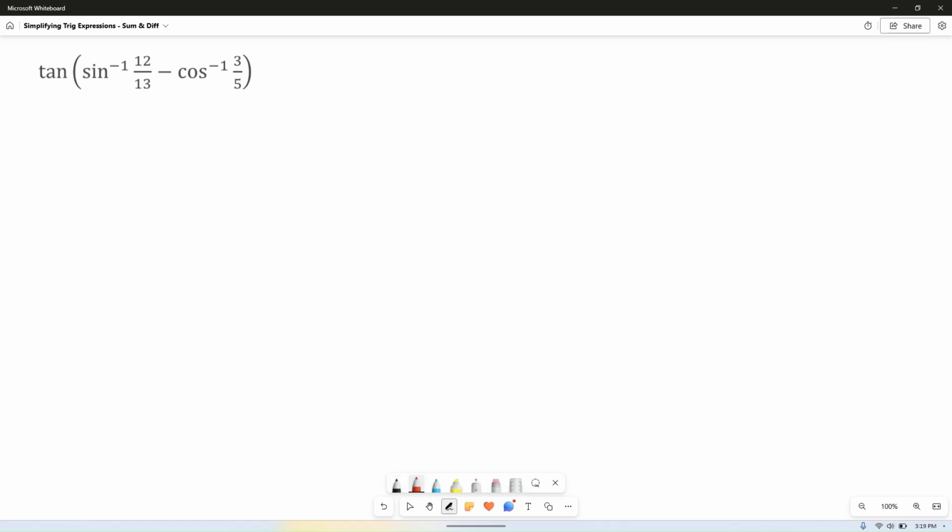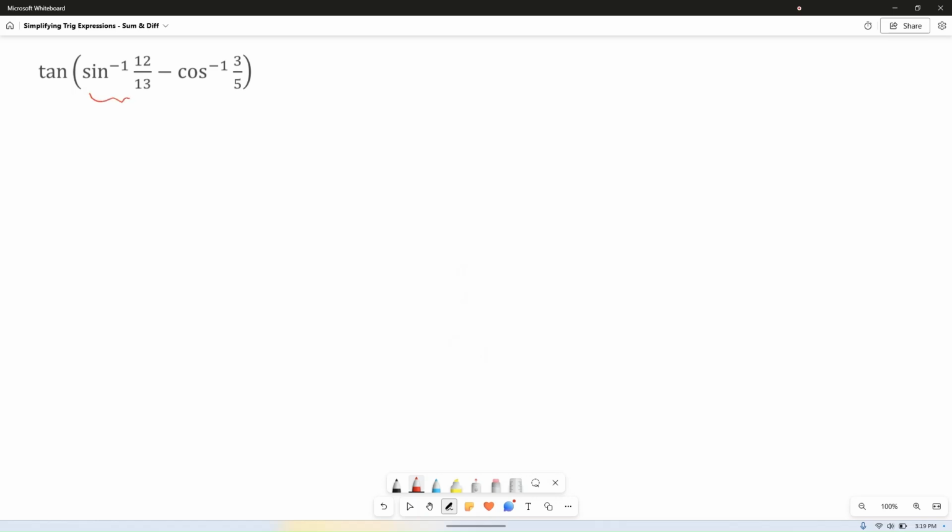So when I see this inverse sine of 12/13, remember what kind of value we get when we compute an inverse sine or an inverse cosine. Whenever we compute an inverse trig function, the result is always an angle.